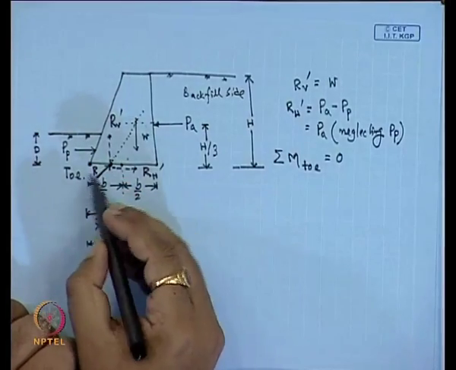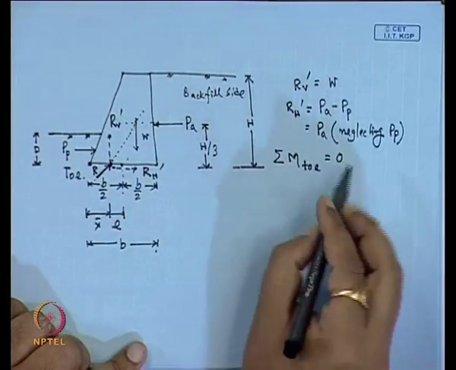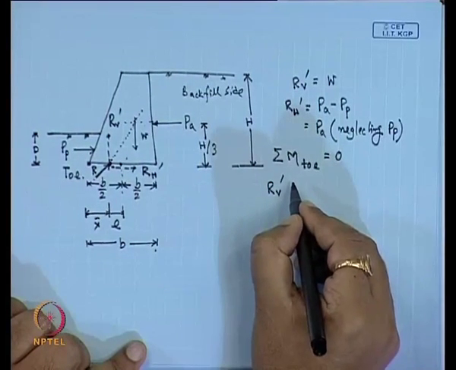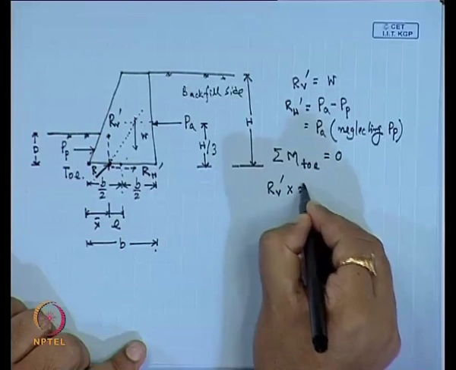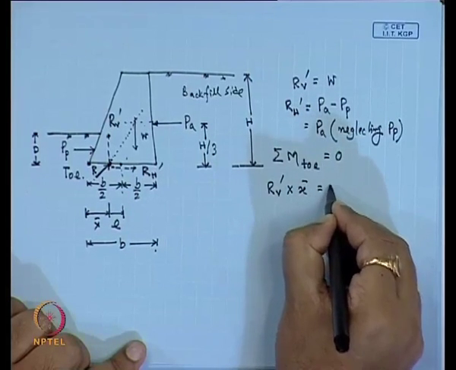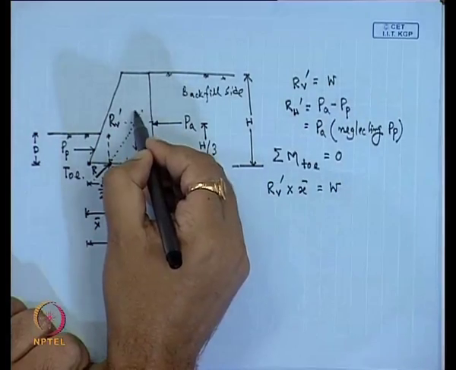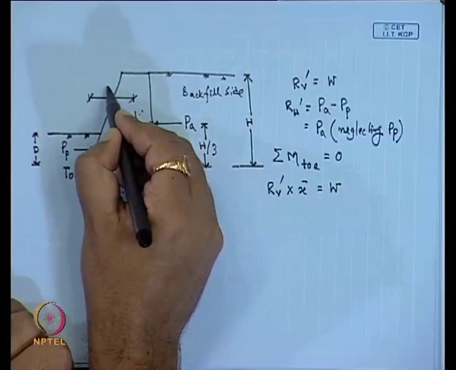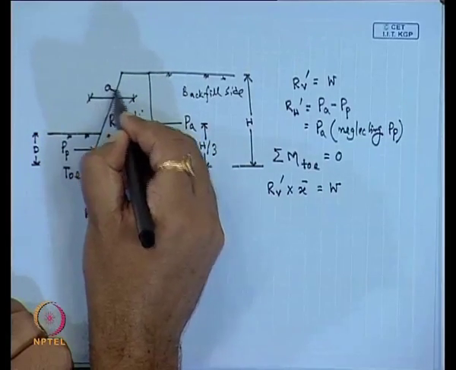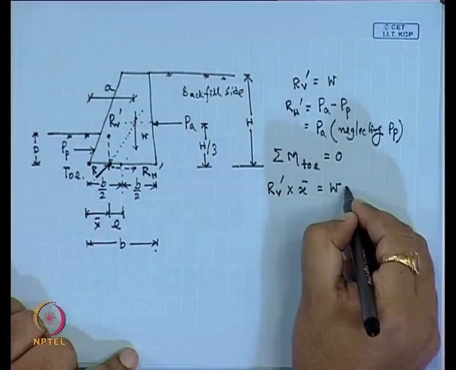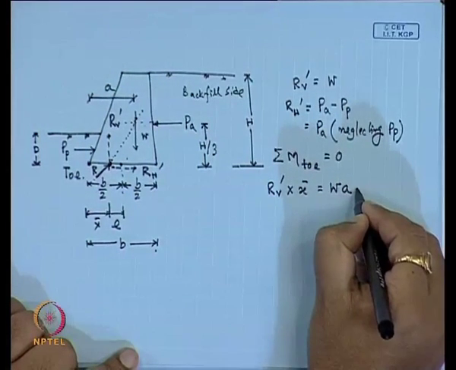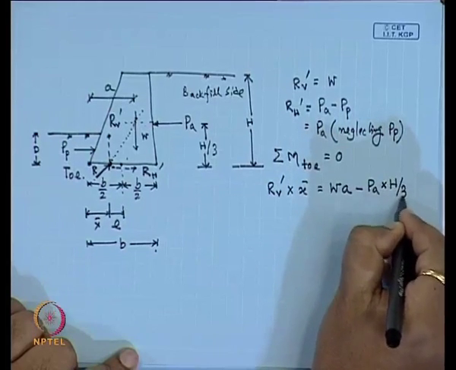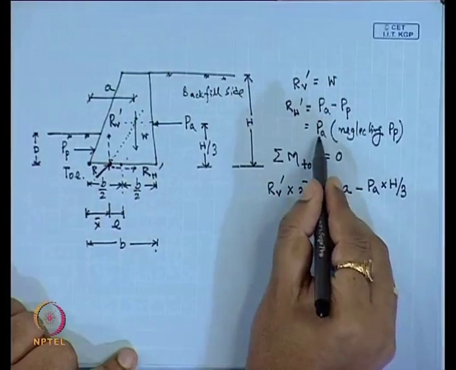For the equilibrium condition, if I take moment from the toe, this will be 0. So, we can write that R v dash into x bar is equal to W, and if W is acting at a distance of a from the toe of the retaining wall, this is W into a, then minus P a into h by 3, as we are neglecting the P p.